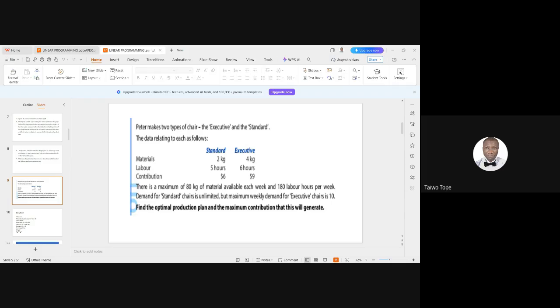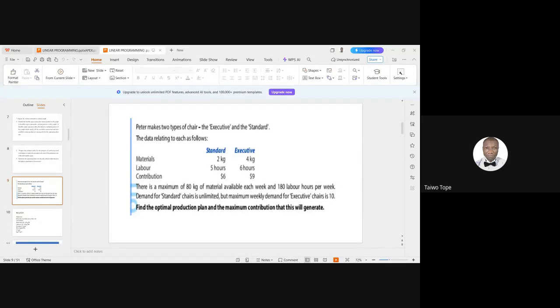Number one, we must be able to identify our limited resources and define our contribution, which will serve as the objective function. The objective function, we said, is subject to certain constraints, which will be expressed in form of inequality. And once we express that in the form of inequality, we need to determine the non-negativity condition, which simply means you cannot produce negative quantities.